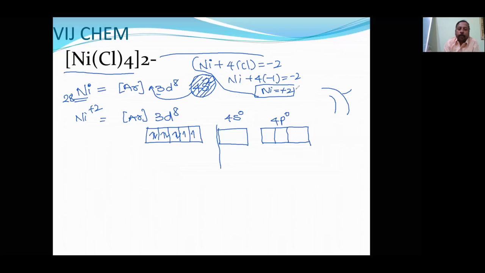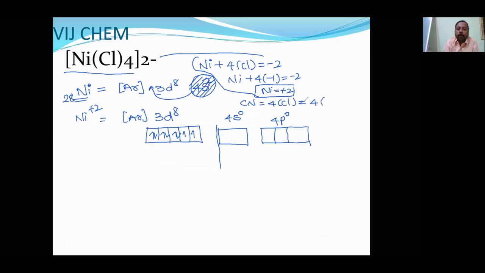So here the oxidation number is +2 and the coordination number we should also find out, 4 into chlorine. There is a minute difference between the coordination number and oxidation number. Oxidation number comes with a sign, plus or minus, you have to write.